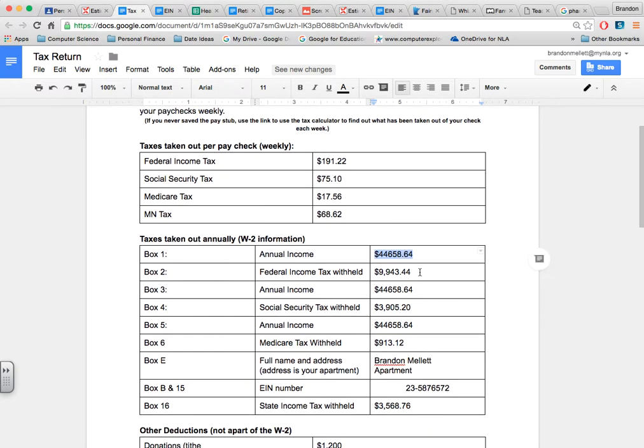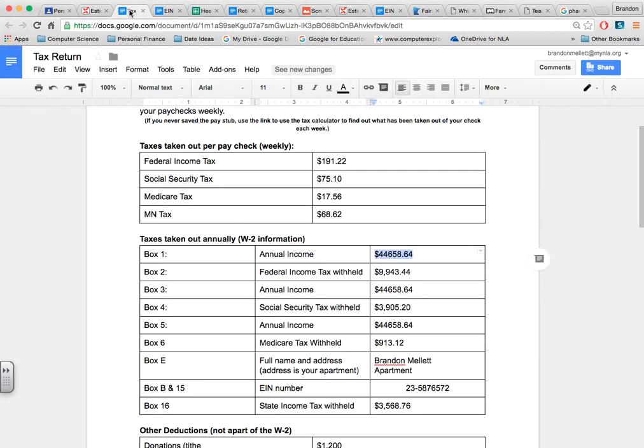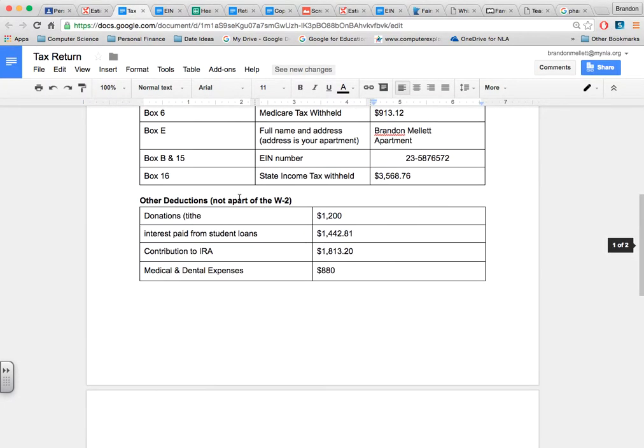These three totals, box number 4, number 6, and number 16, we'd add those three together, and that is how we got this amount here. Amount of mortgage interest paid, we didn't have a mortgage, so that'd be 0. Amount of charitable contributions, that would be your tithe. So donations is $1,200.